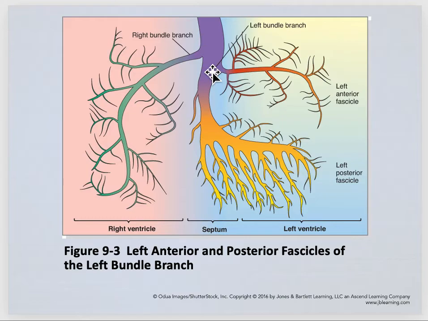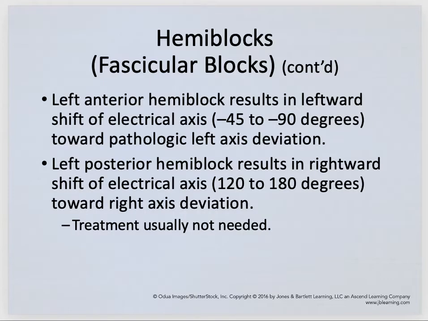If you want to go a little deeper into this, we can take a look at whether it's going to be the anterior fascicle or down here more the posterior. The left anterior hemiblock results in a leftward shift of electrical axis, what we call left axis deviation, versus the posterior hemiblock results in usually right axis deviation.